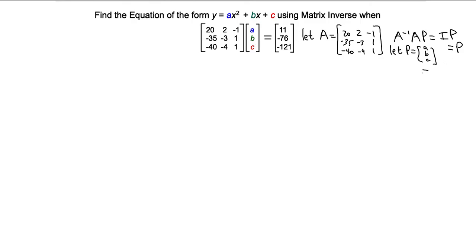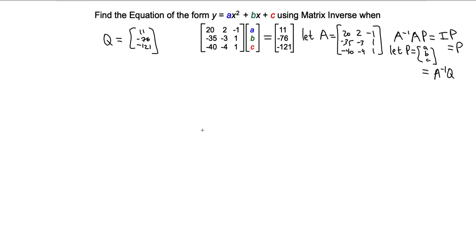So that would give us the inverse being multiplied to Q. And Q, of course, is this matrix, 11, negative 76, negative 121. And that would be the answer: the inverse of this times this matrix would be equal to the A, B, and C matrix. And that way we will easily find A, B, and C.